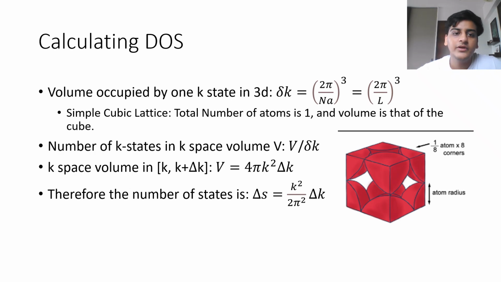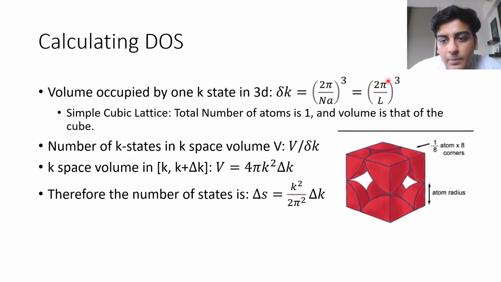Cool. So now we want to calculate delta S by delta K. For that, what we are going to first do is talk about, in this new lattice in K space, what is the volume occupied by one K state in 3 dimensions. And what I'm going to claim is that this is just the cube of the distance between any two states.